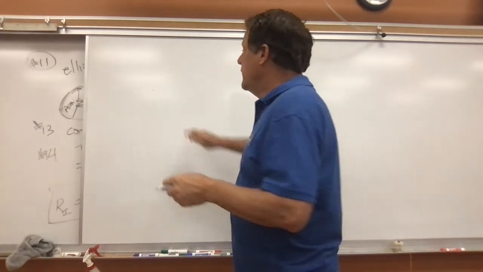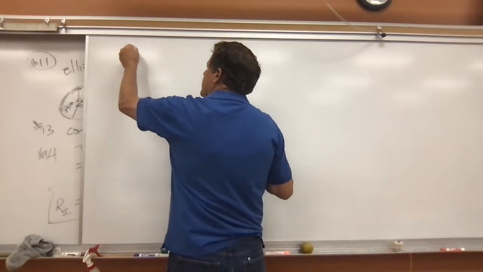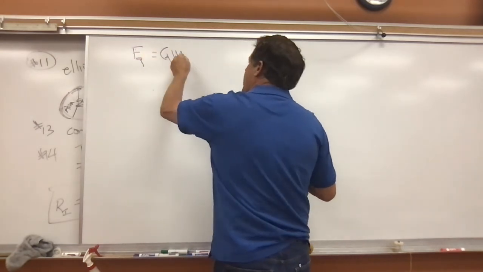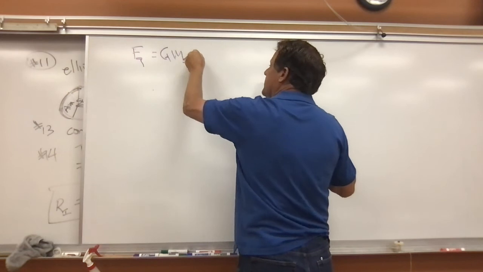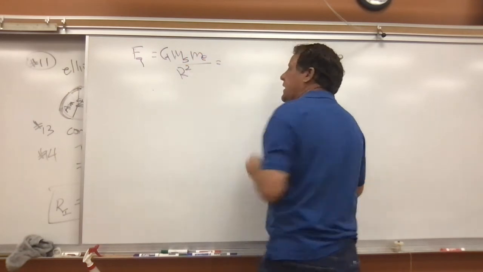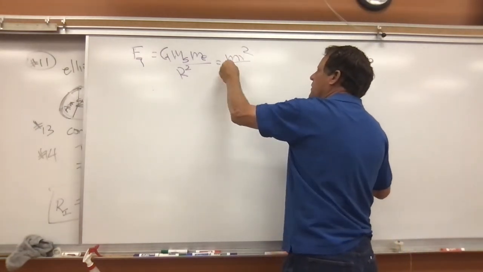So again, the logic goes like such. The force of gravity is equal to big G times the mass of the sun times the mass of the Earth divided by the radius squared. And since it's going in a circle, that's equal to mv squared over r.